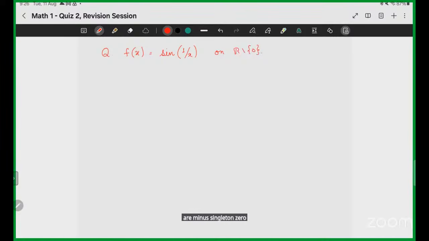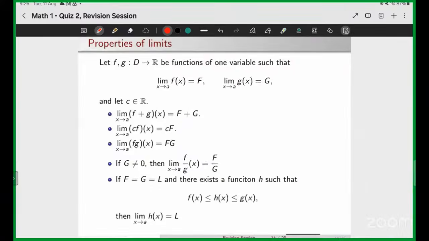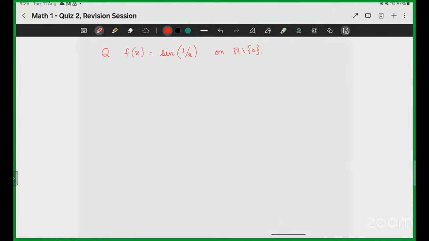Does this have a right-hand limit or left-hand limit as we approach 0? Does f have, let's just talk about the LHL now, the left-hand limit as x approaches 0, which we also denote by x goes to 0 minus?